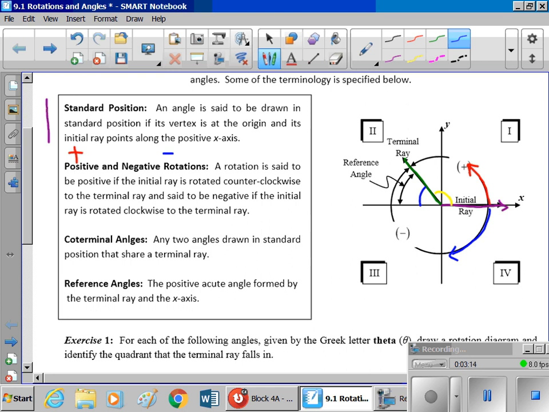So we're talking about this measurement here, and it's between the green terminal ray and the x-axis. So if we move this one over so that it's moving positive and that it's in standard position, we're going to wind up with something like this angle, which I guess we can call R for reference.